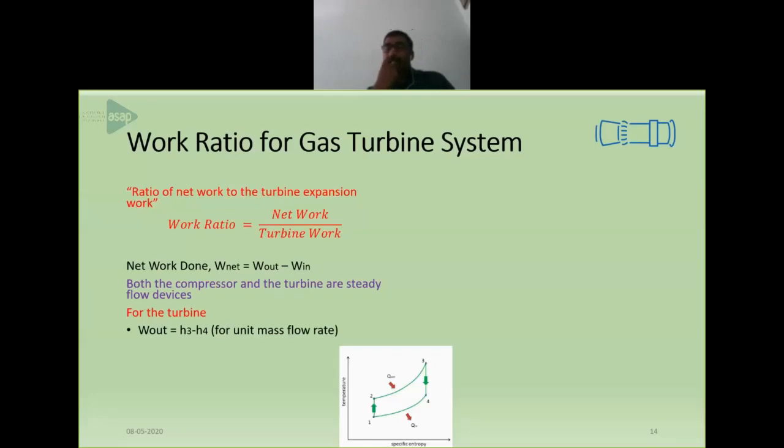There, when you derived the steady flow energy equation and applied it to a turbine, you saw that the work done by the turbine is equal to the change in enthalpy plus change in kinetic energy plus change in potential energy and the heat associated with that.